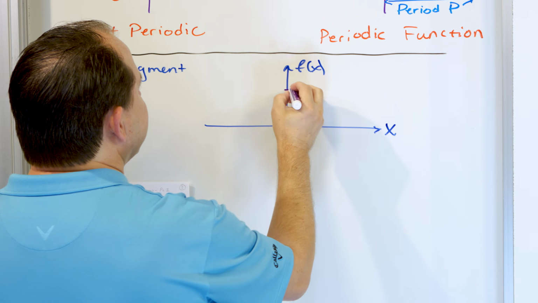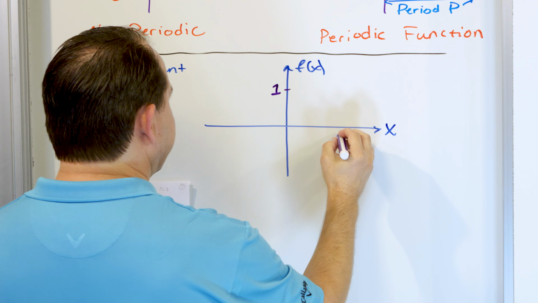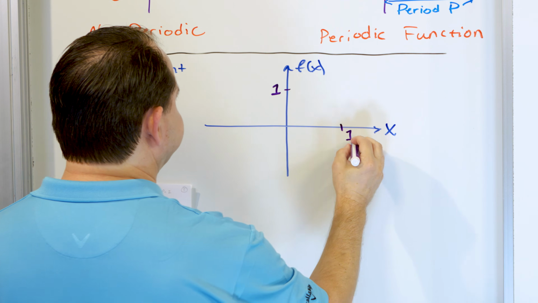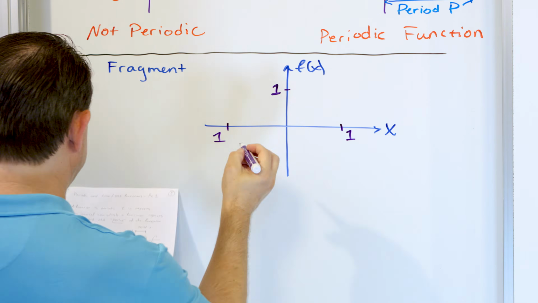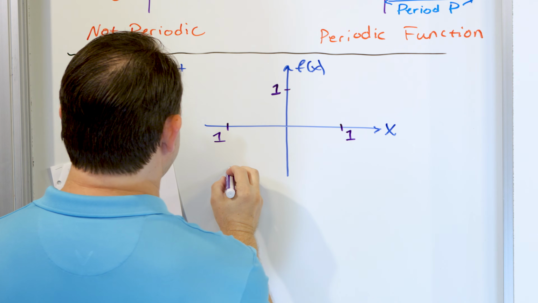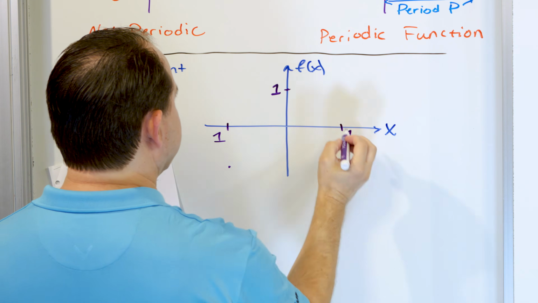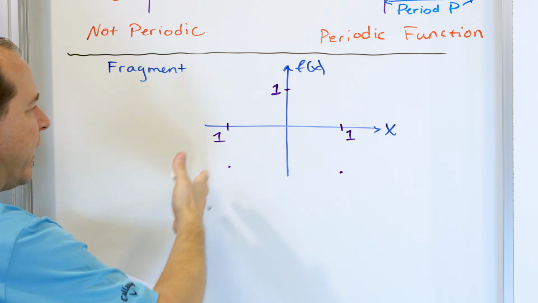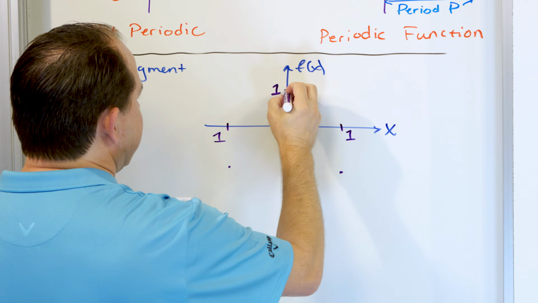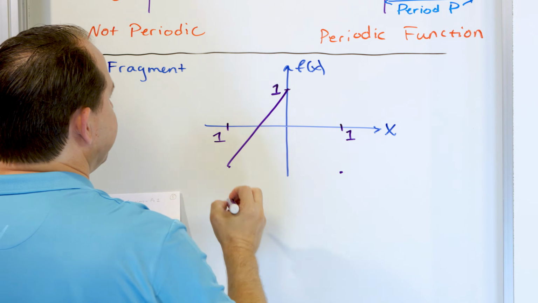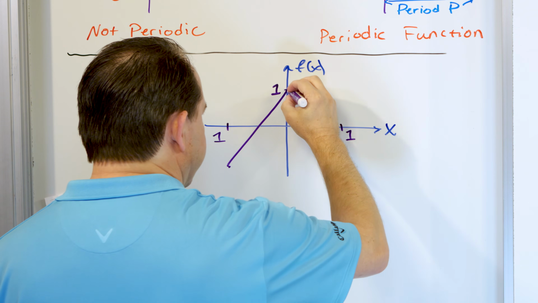All right, let's say this is 1, and right here is also 1, and right here is also 1, like this. And just to see if I can do it right, let me put a dot there, put a dot there, I'll put a dot there. Now I'm drawing it freehand, okay? So you're going to have to forgive me. So I'm going to try to draw a straight line from here down to here, and I'll draw a straight line from here.